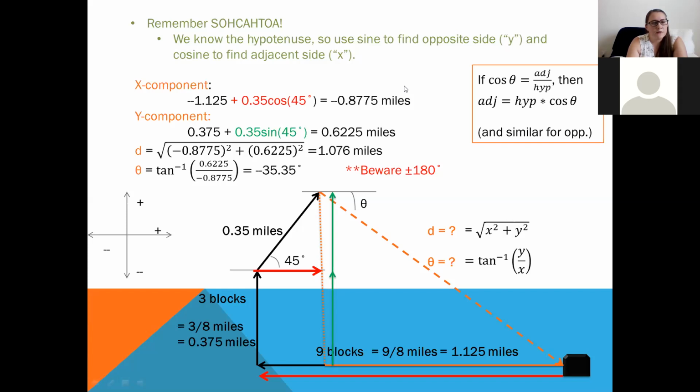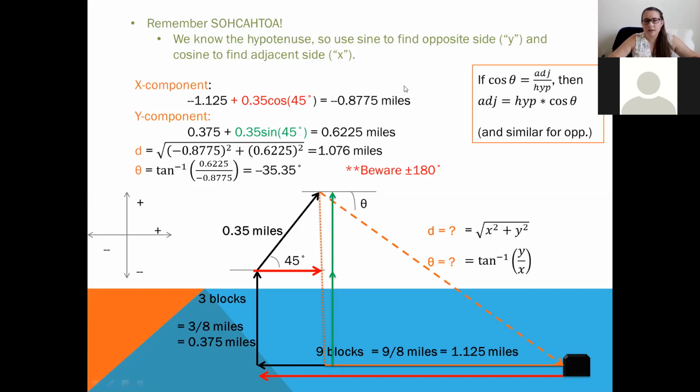If the angle is 45, we can assume that both sides measure the same. Yes. Okay. Does that answer your question about this example?